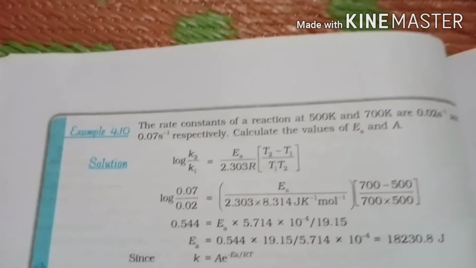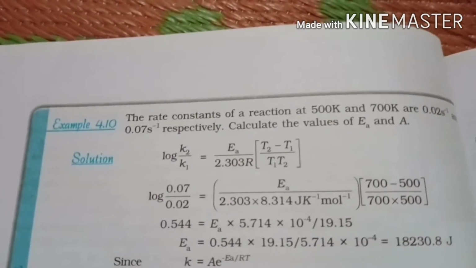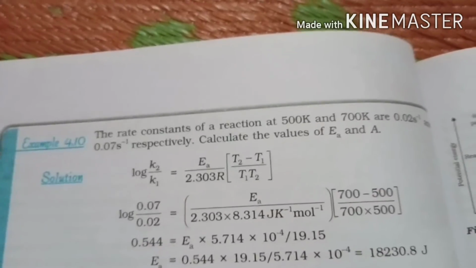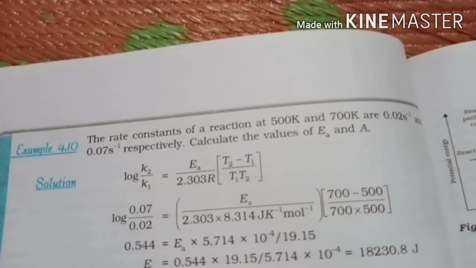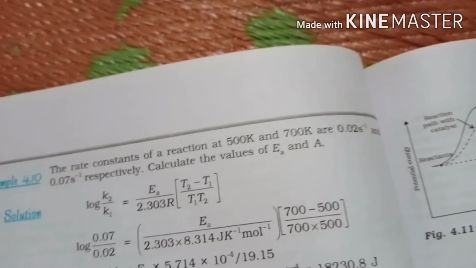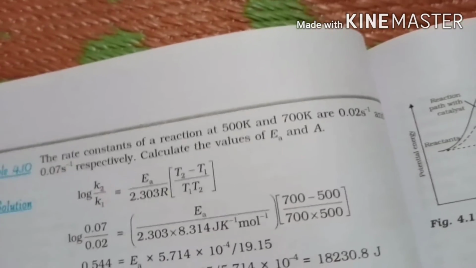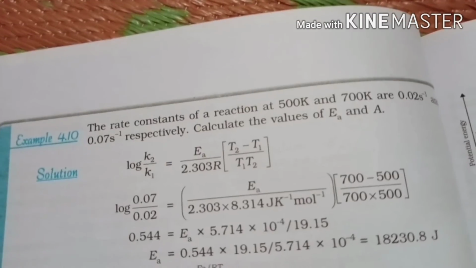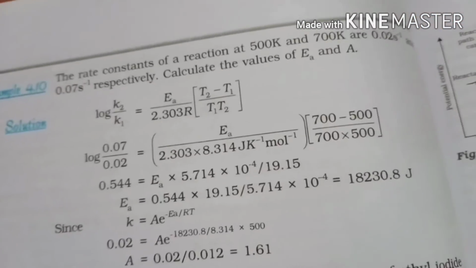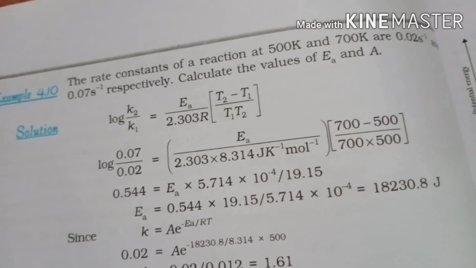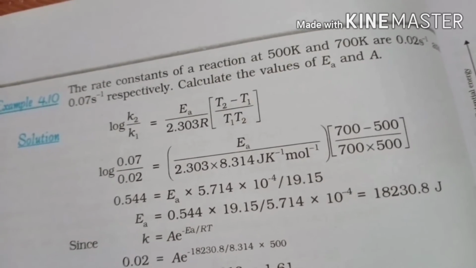Substituting the values, log of 0.07 by 0.02 is equal to Ea by 2.303 into 8.314, this is the value of R, within bracket 700 minus 500 divided by 700 into 500. From this you can find Ea as 0.544 equal to Ea into 5.714 into 10 to the power minus 4 divided by 19.15.